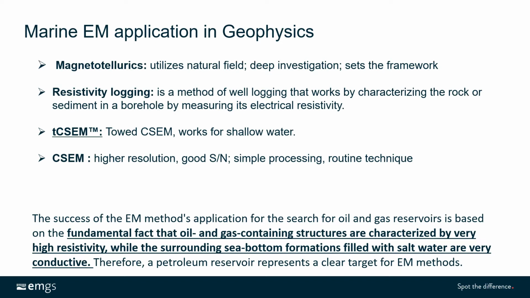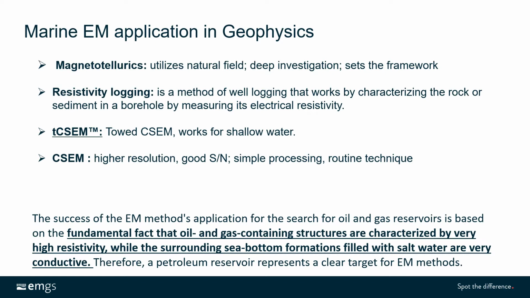There are basically four techniques which are used in the marine environment for exploration of oil and gas. The first one is the magnetotelluric, which is also called MT. It's a very low frequency technology, and it utilizes the natural field. So there is no source, it's a passive source that is used over here. It's mostly used for deeper investigation.